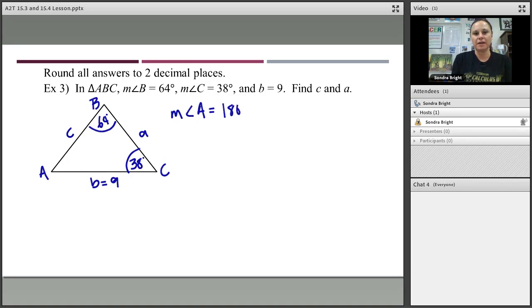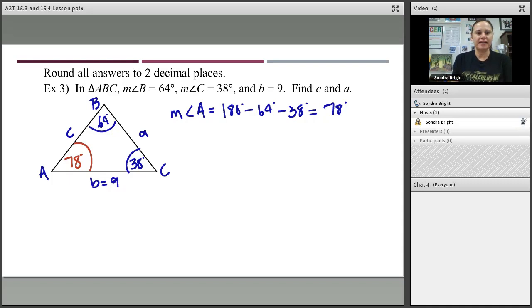So we'll just go 180 degrees, and we're going to subtract 64 degrees from that, and we're going to subtract 38 degrees from that, and that is going to give me that angle A is 78 degrees. So I'll put that in there so that I can see it. So that was not given, but I found it.